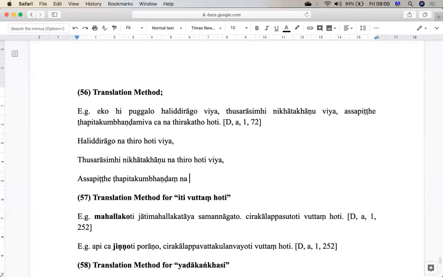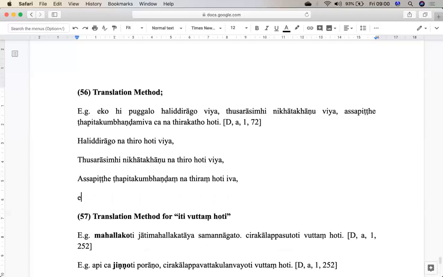That is why, not tiran hodi. But here iwa, the same as iwa or wiya. And the main one, eko bogalo, not tira gato hodi. Completely in this way, we can understand.